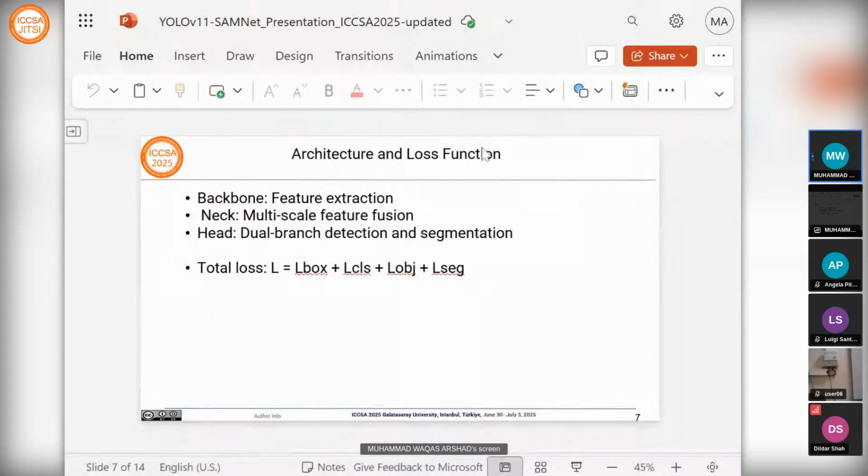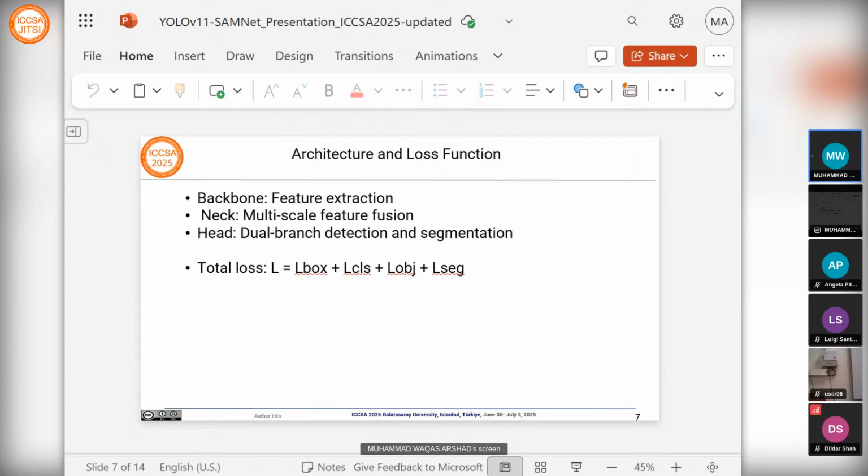That basically extracts the primary features from the input images, and the neck performs multi-scale feature fusion. That helps the model recognize particles of various sizes, and the final head is designed with a dual branch structure to handle both detection and segmentation simultaneously.